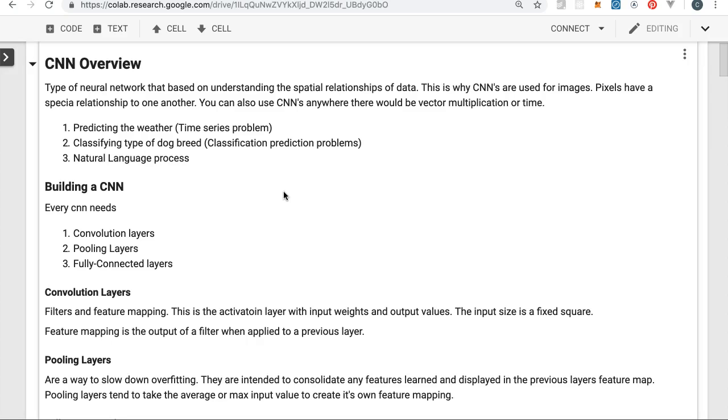Then there's the pooling layer, which takes those mathematical notes and applies them again to an even smaller vector. And these two, convolutional layers and pooling layers, go back and forth and keep rotating through.